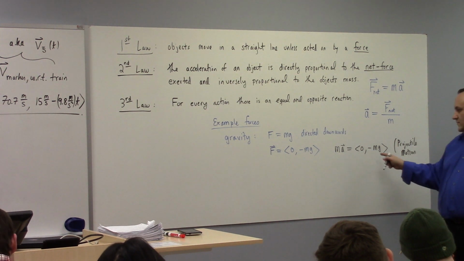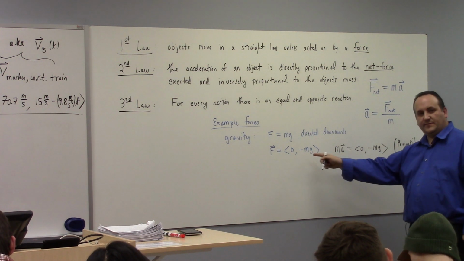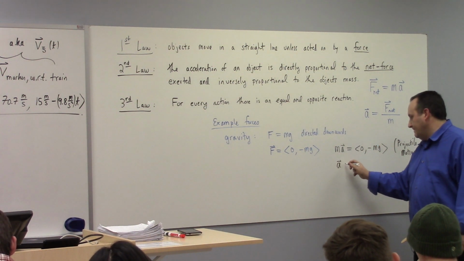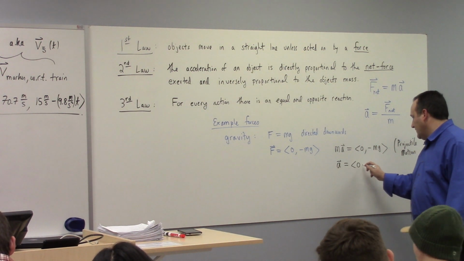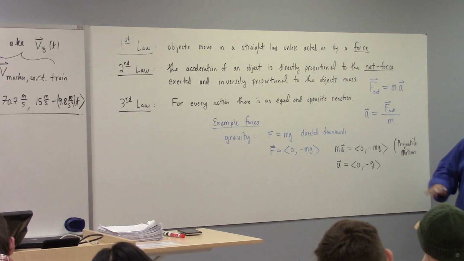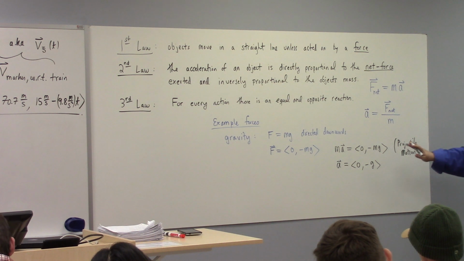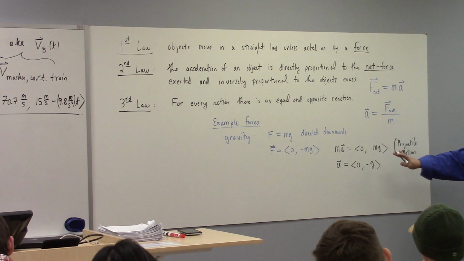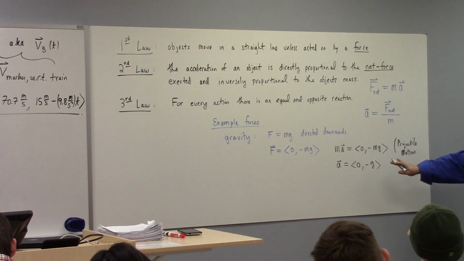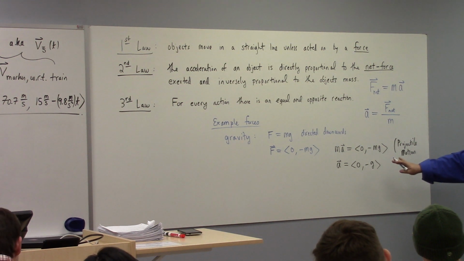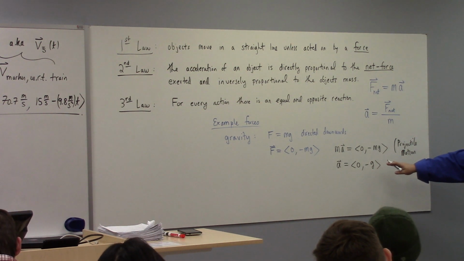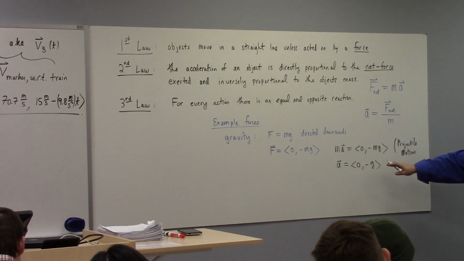You can divide both sides by mass, right? And we get acceleration is equal to 0 minus g. This is huge. This is an amazing result. Do you understand this? This says the acceleration is independent of the mass.